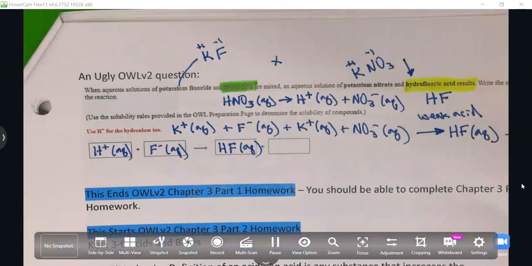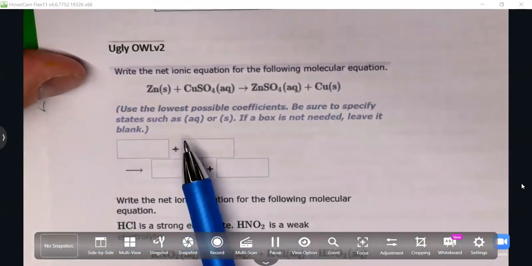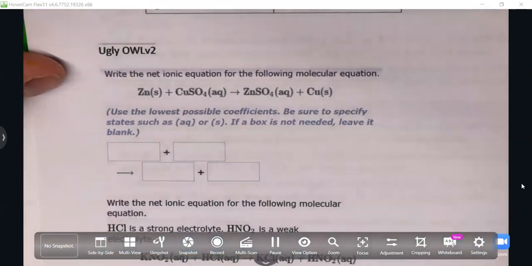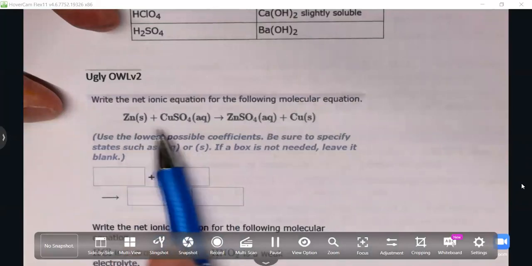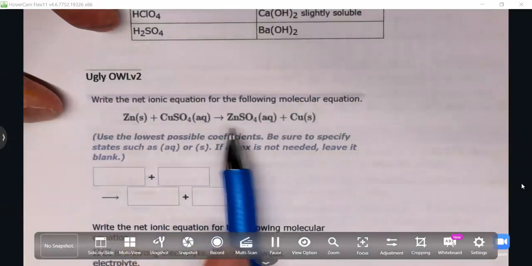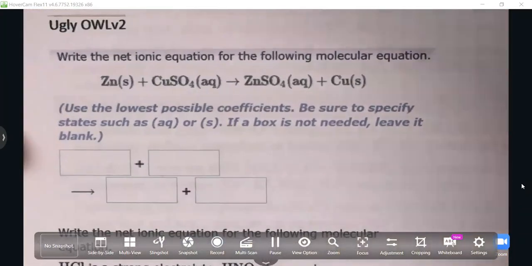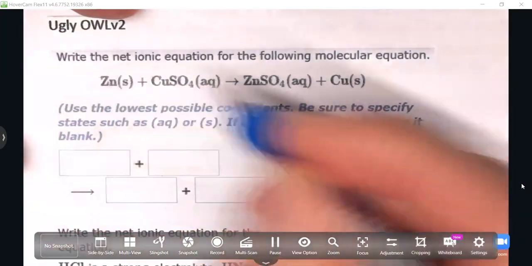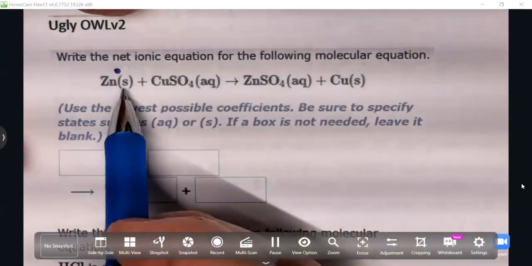Let's go to this one here. This is another OWL question. So this is the supplement I emailed out. The first question on this one is, what do you have for ions here? There is no charge. This is a chunk of solid zinc.